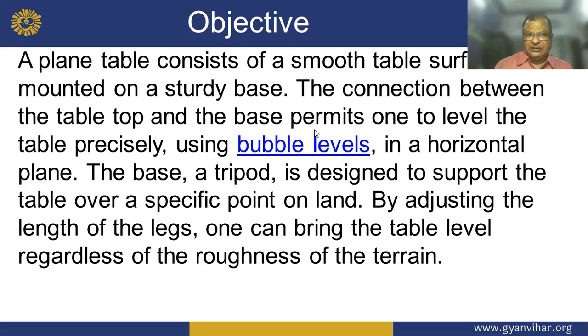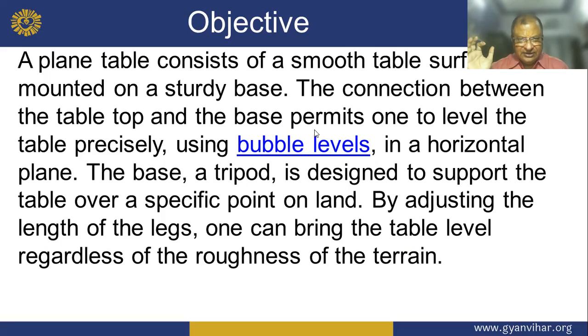A plane table consists of a smooth tabletop surface mounted on a sturdy base, and the connection between the tabletop and base allows leveling of the table precisely, using a bubble level, in a horizontal plane.